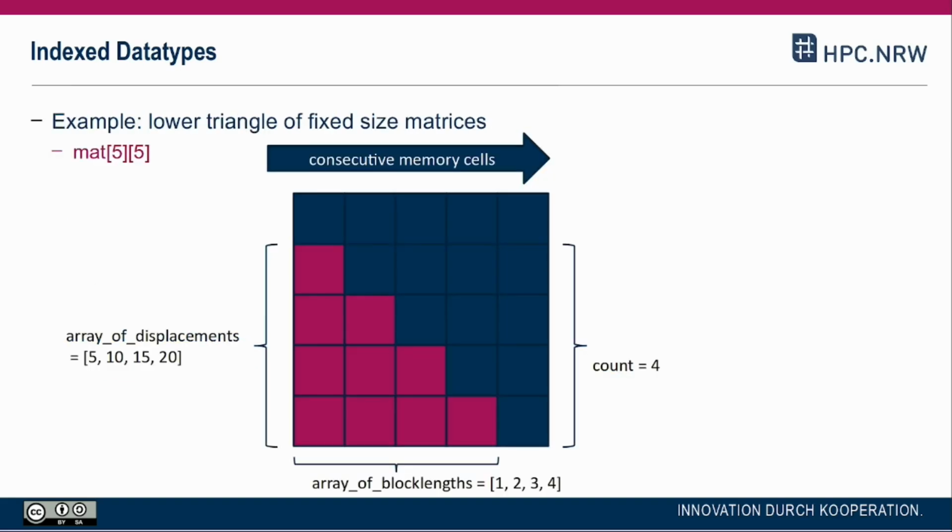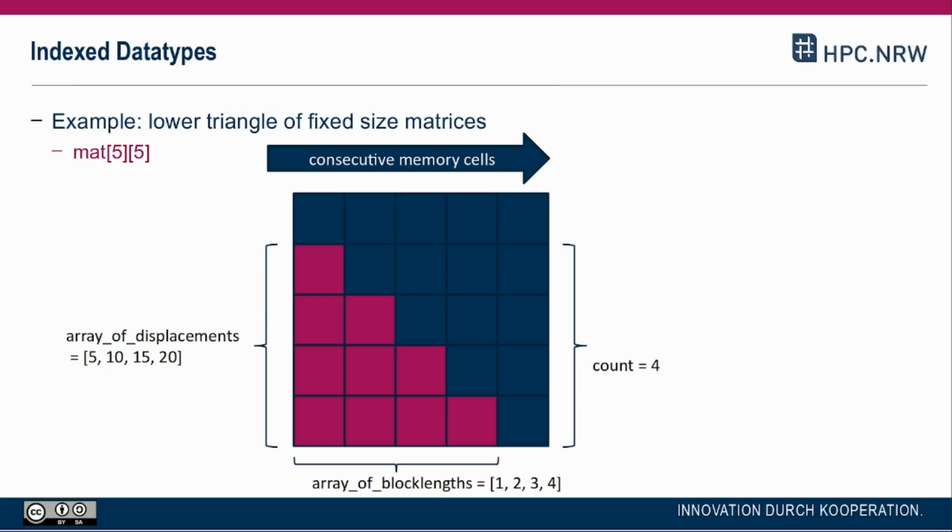So, coming back to the normal indexed one, we would have an array of displacements. It's much easier for us as a developer to think of this still to be the matrix 0, 0, the start of the matrix. But I don't want to transfer this element.